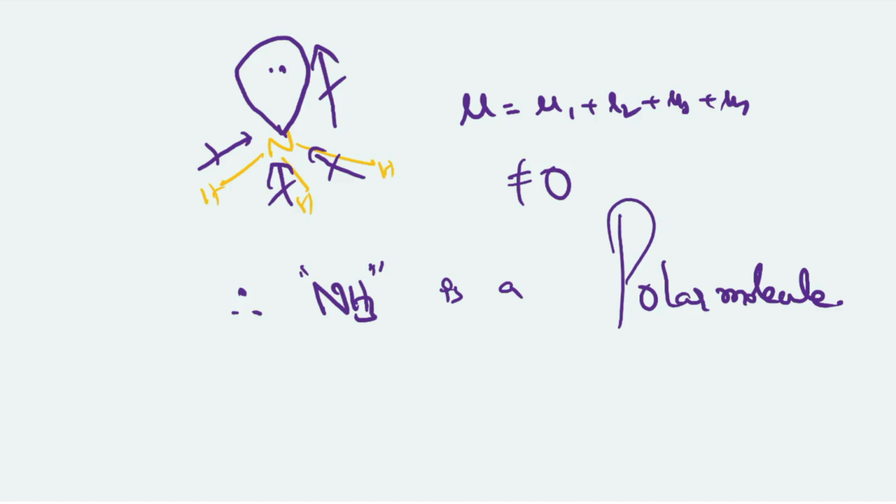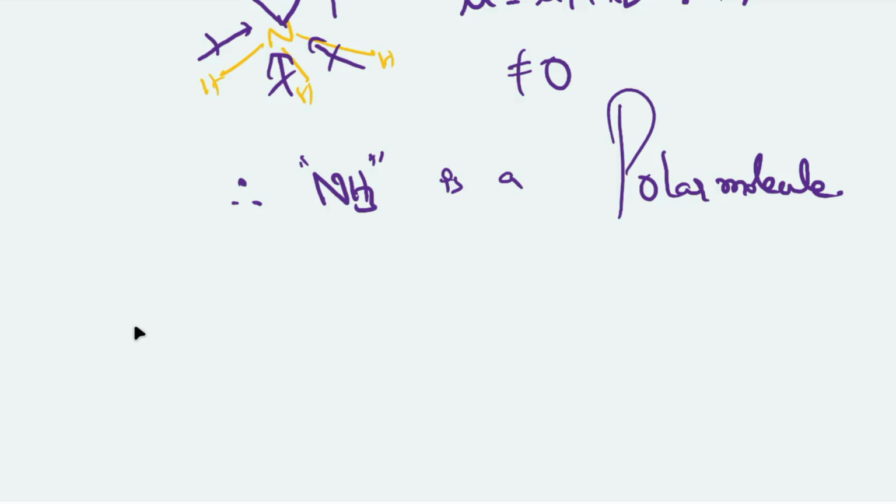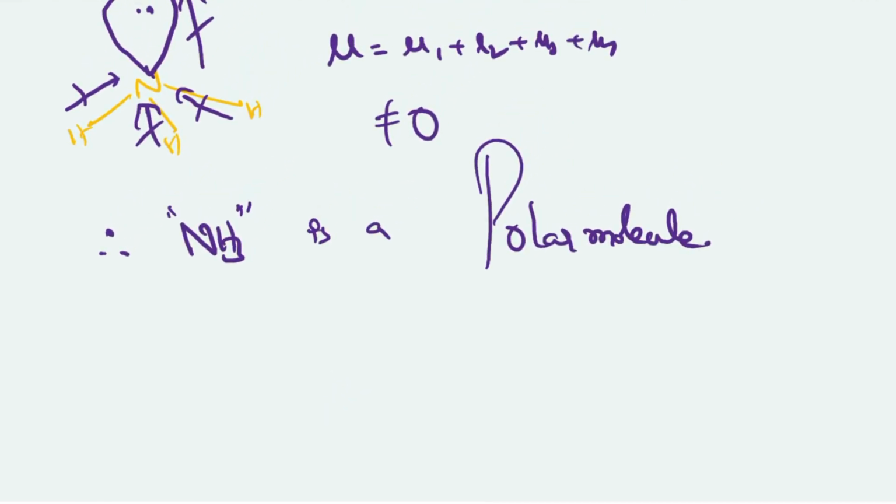Between O and O, the bond is non-polar. Between Cl and Cl, the bond is non-polar. But between two different atoms, the bond is definitely polar. Therefore, ammonia is a polar molecule with polar bonds.